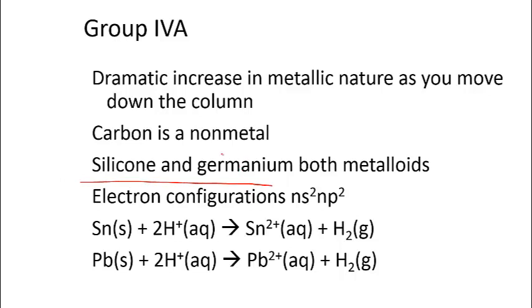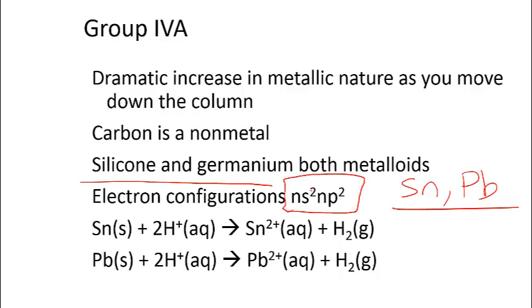And then we've got tin and lead, both of which, of course, are metals. Now, all of the elements in group 4A have electron configurations in the form ns2 np2, meaning their outer s subshell is filled and they've got two electrons in their outer p subshell.